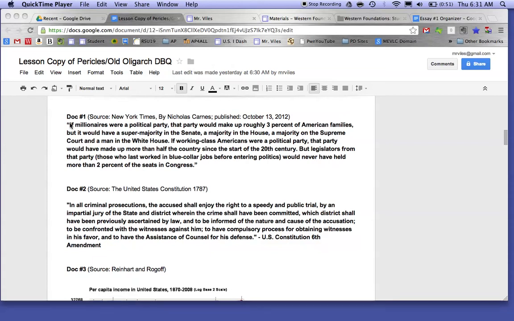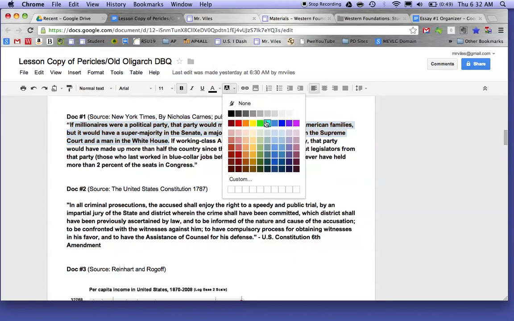So, for instance, if millionaires were a political party, that party would make up roughly 3% of American families, but it'd have a supermajority in the Senate, majority in the House, 222, and a man in the White House. Well, that's really both, of course. It's talking about politics and society, because it's talking about social class. But its emphasis seems to be on the political party, so I'm going to highlight that in green.